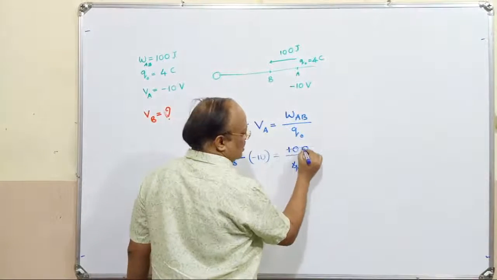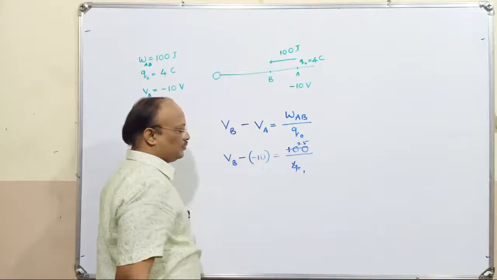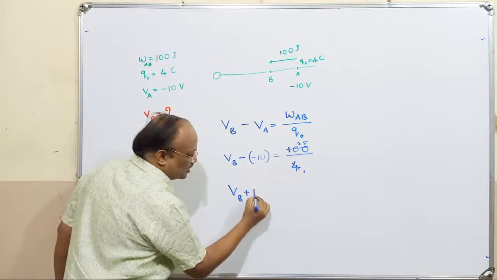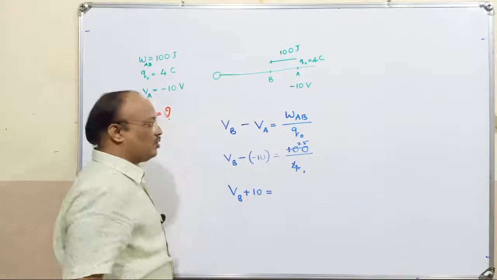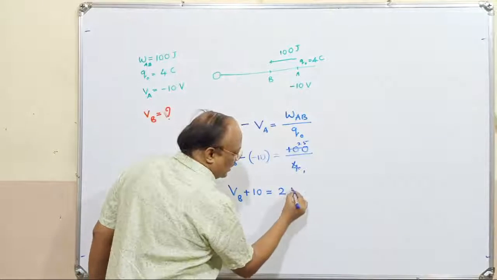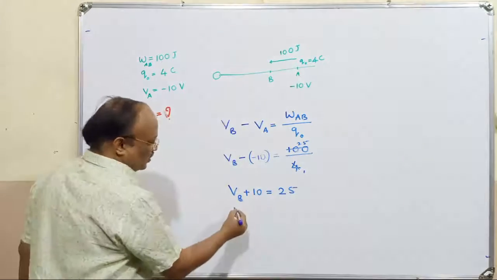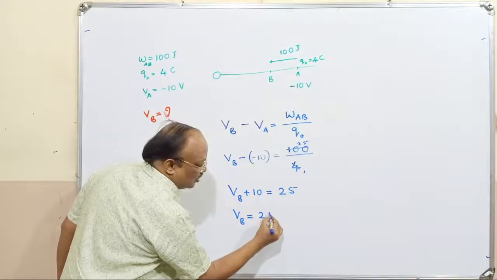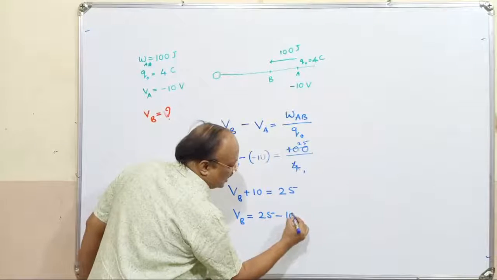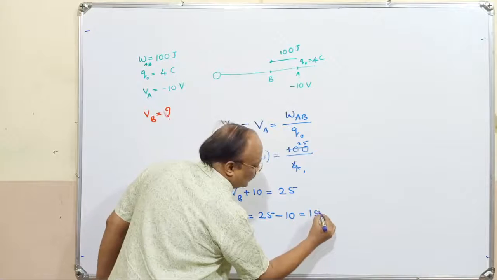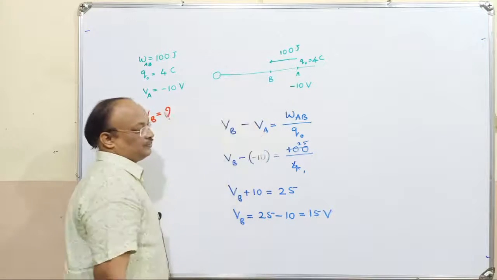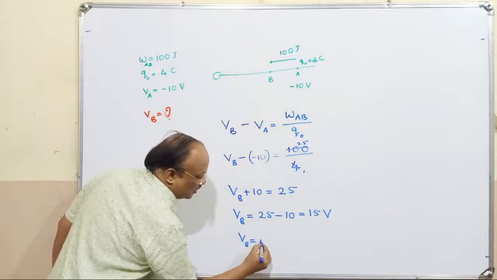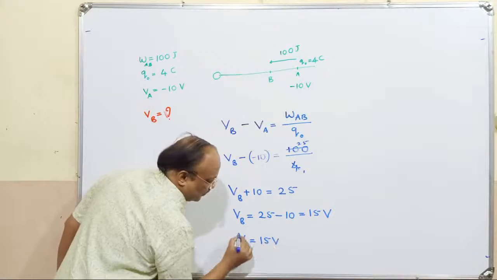So VB plus 10 is equal to 25. Therefore VB is equal to 25 minus 10, which is 15 volt. So the potential at the other point, which they are asking, is 15 volt.